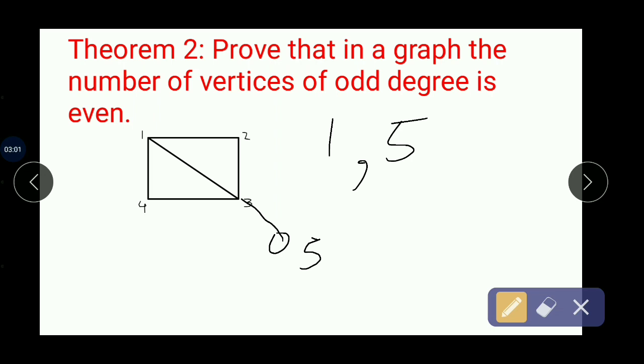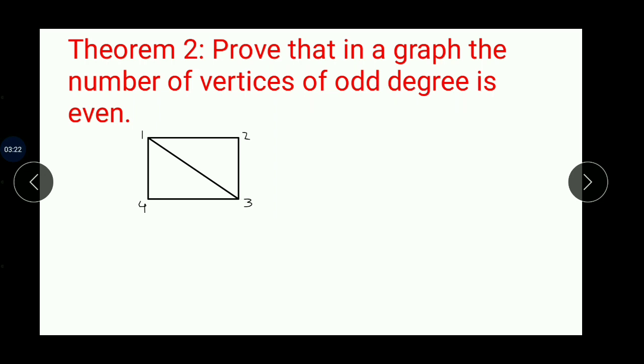So how many vertices have odd degree? There are 2 vertices which have odd degree. So again, an even number of vertices have odd degree.